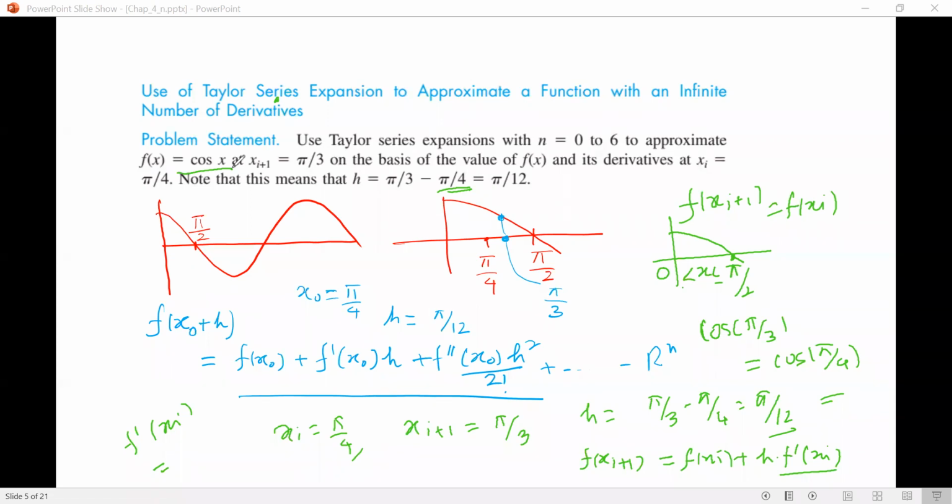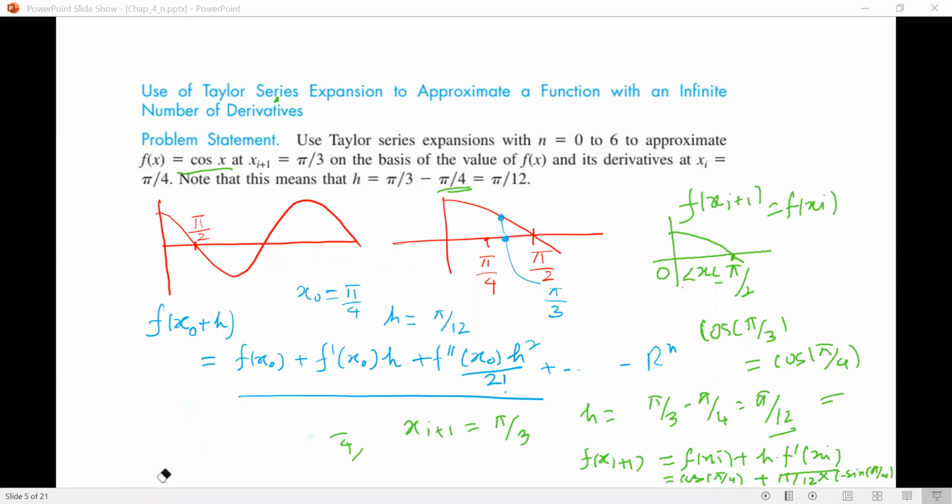If you differentiate your cosine, it is sine. Is it not minus sine? Oh, minus. Okay, minus sine of pi divided by 4. So your first order approximation would be equal to cos pi by 4 plus h, equal to pi divided by 12, multiplied by minus sine pi divided by 4. So in this way, you can calculate by including your first derivative.